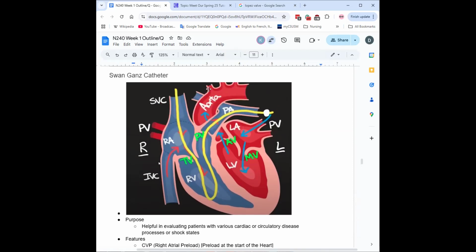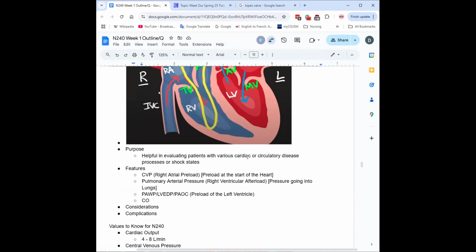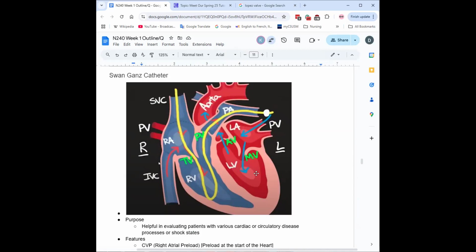But when it comes to the wedge pressure, long story short, it's a direct estimate of the left ventricle pressure. You utilize the balloon that's in here. So you see this white circle, it's the balloon. The way that it works is that you have this sensor.